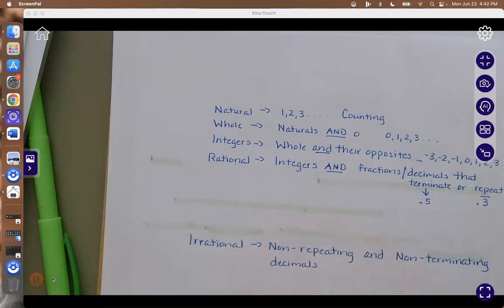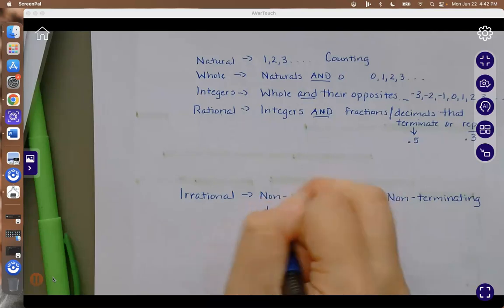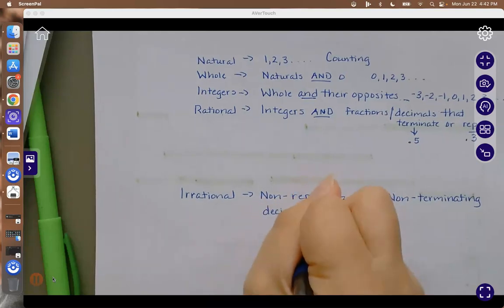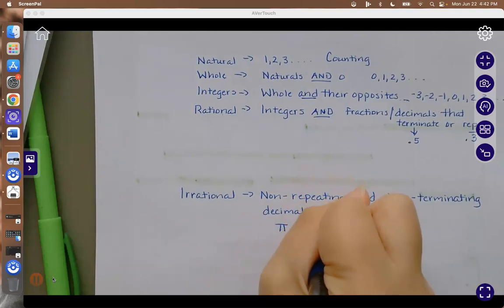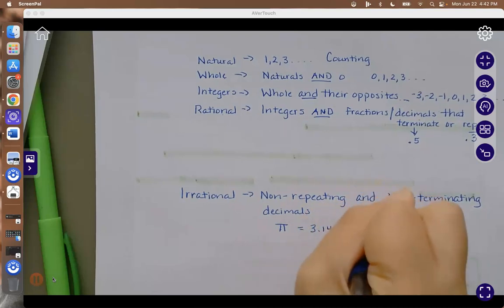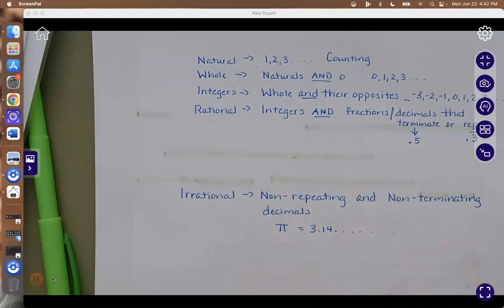The most famous irrational number is pi, because that's 3.14, and then it keeps on going and going and going and going. Okay? So that's an irrational number.